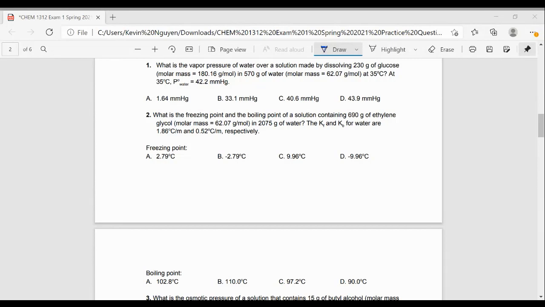So convert that 2,075 grams of water to 2.05 kilograms of water. And then you'll get your molality. And then you multiply it by Kf or Kb, depending on whether or not you want to find the freezing point, which is Kf, or the boiling point, using Kb. So the answer for 2 should be D for the freezing point, and then A for the boiling point.